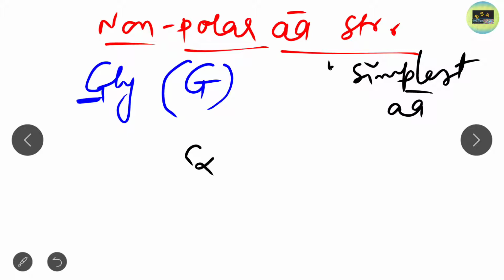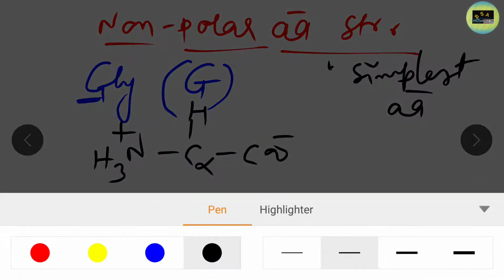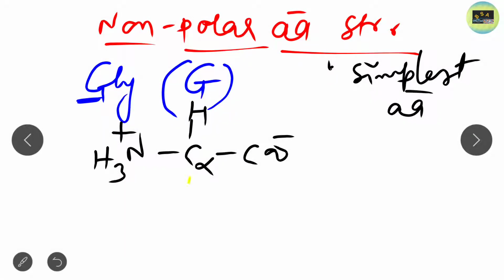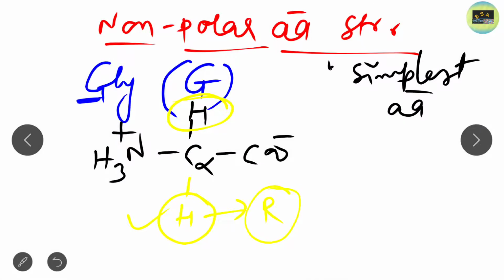So this is the structure of glycine, that is C alpha. This is the acid group. This is the amino group. This is the hydrogen atom. And we draw the side chain in yellow. This is the side chain. So in glycine, the side chain is basically hydrogen, similar to this hydrogen. As a result, the side chain and this hydrogen atom are both the same.